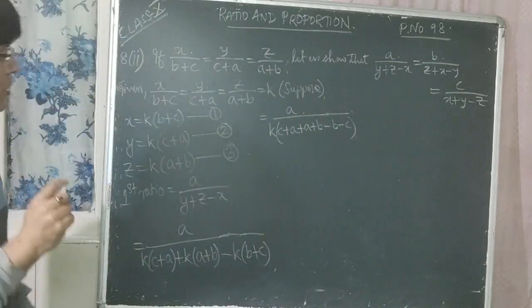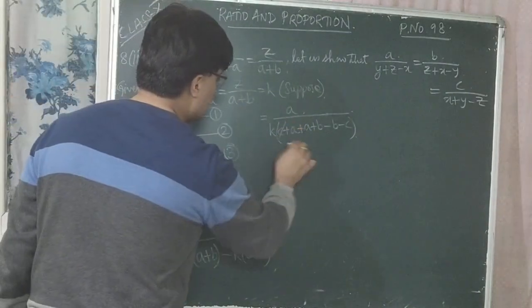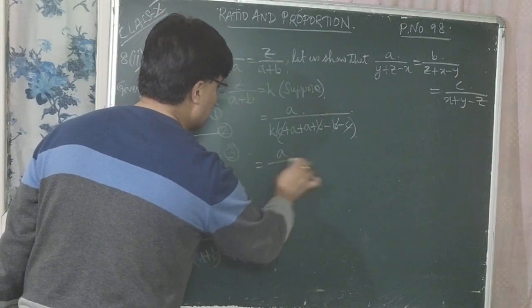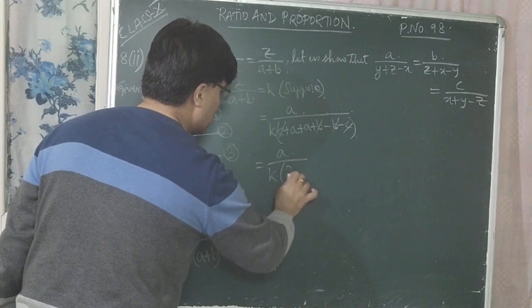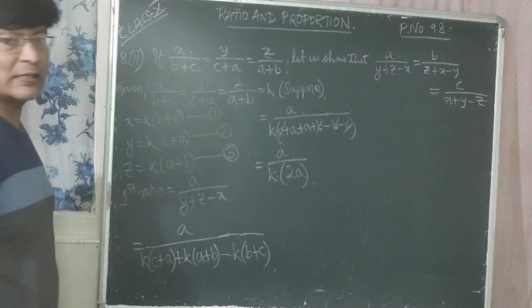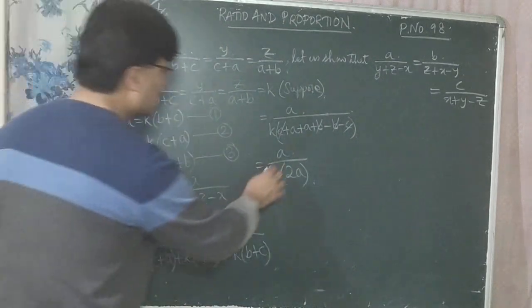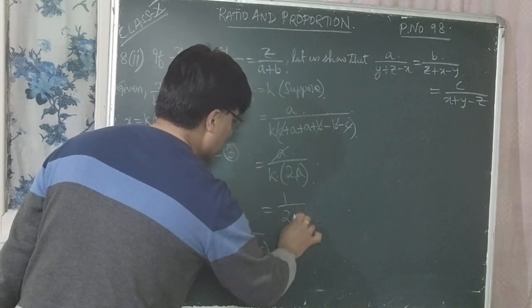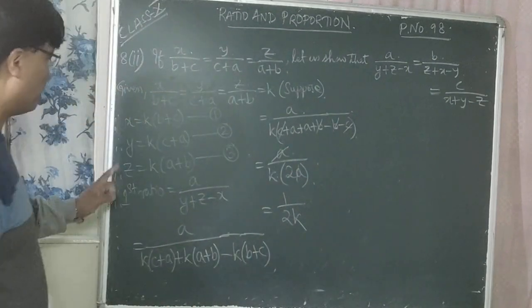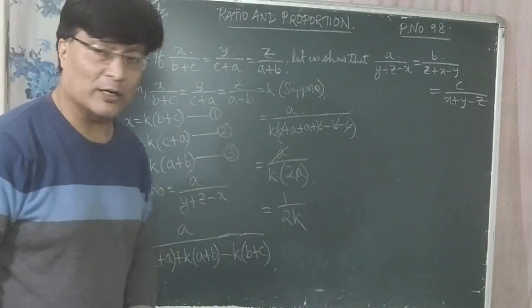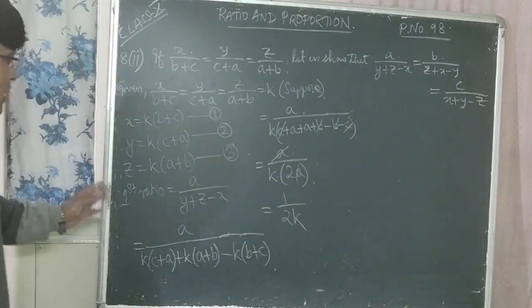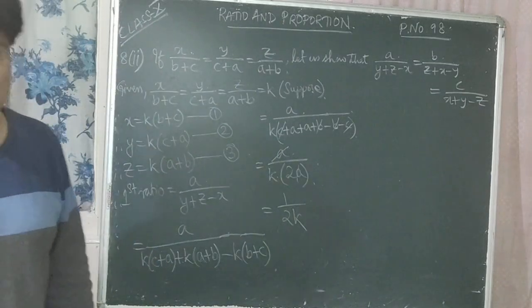Is it clear now? So you can cancel here. This plus c minus c plus b minus b gets cancels, is equal to a divided by k into 2a. Is it clear? So now here you can cancel this a gets cancels. So is equal to, this is 1 upon 2k. That is first ratio is equal to 1 upon 2k. So we got the value for first ratio is equal to 1 upon 2k.